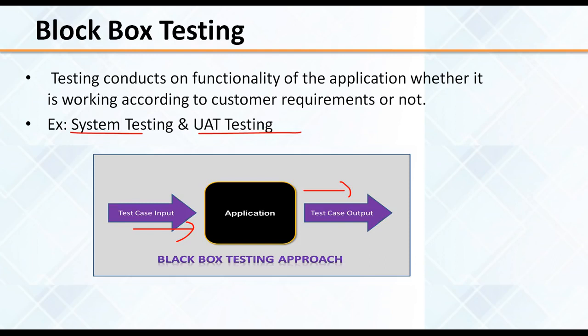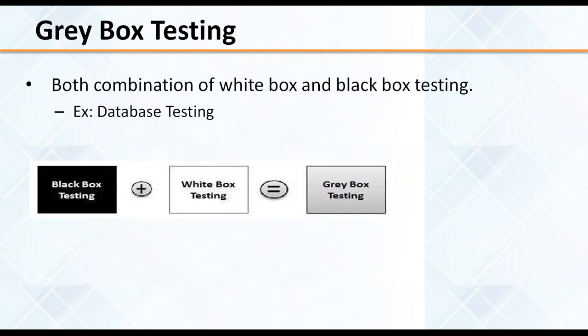Now gray box testing. Gray box testing is the combination of black box as well as white box. Database testing is an example of gray box testing. Why does database testing come into gray box testing? Let me give you one scenario. I have a registration form in the UI.